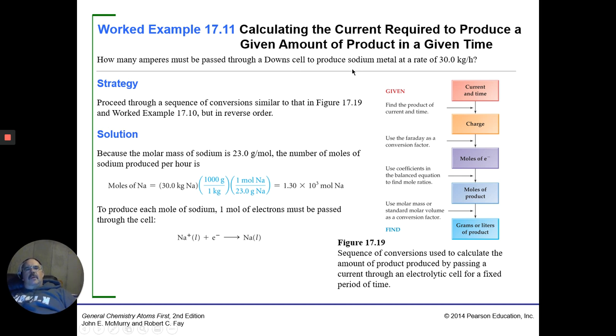Okay, so we want to produce sodium metal at a rate of 30 kilograms per hour. Okay, so 30 kilograms of sodium would be 1.30 times 10 to the 3rd moles. And it takes 1 mole of electrons to produce 1 mole of sodium. Okay, so that's also how many moles of electrons we're using.